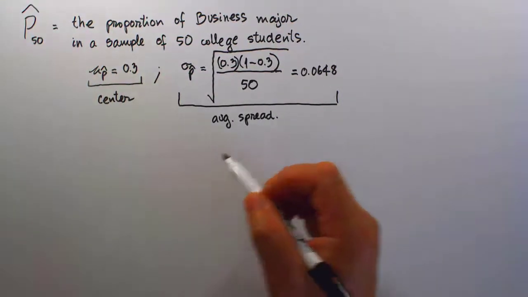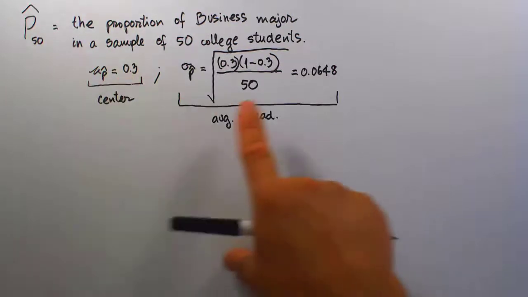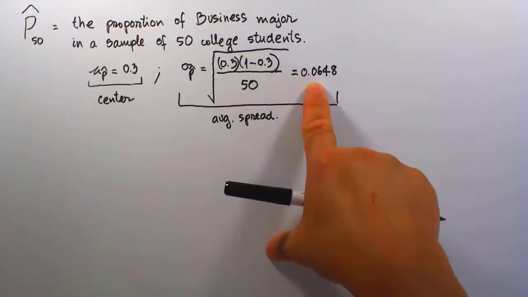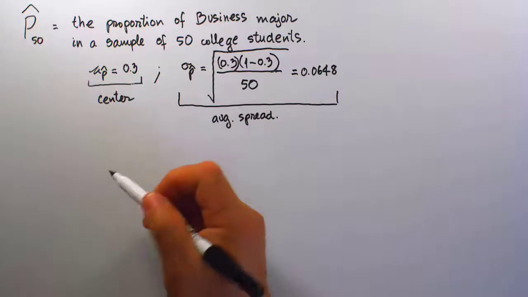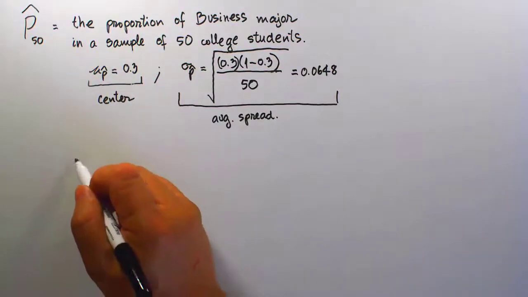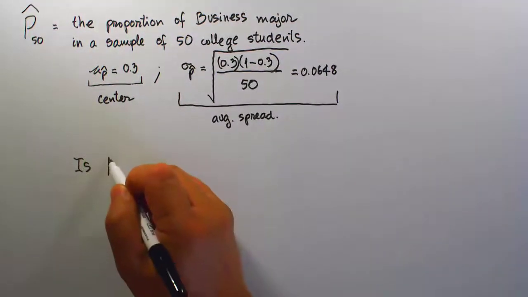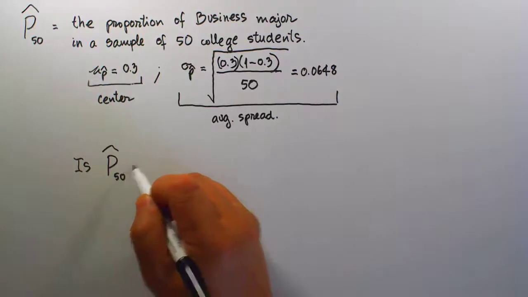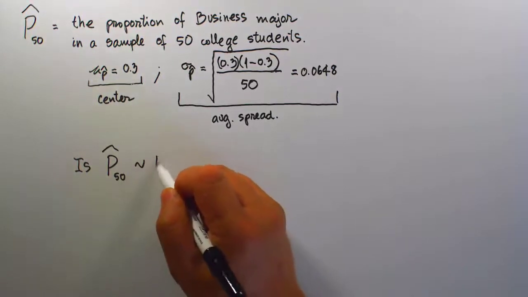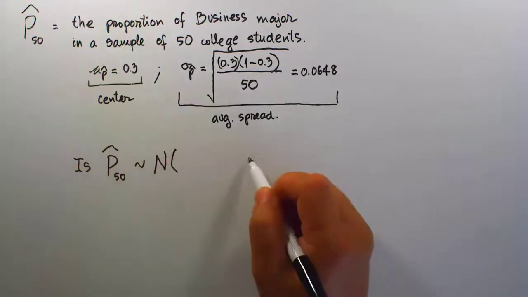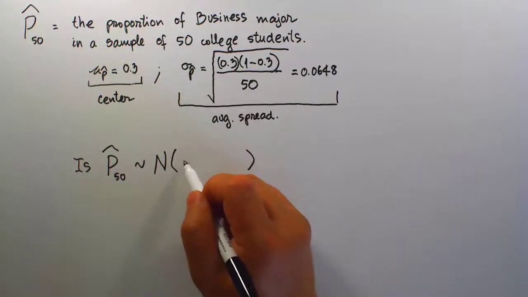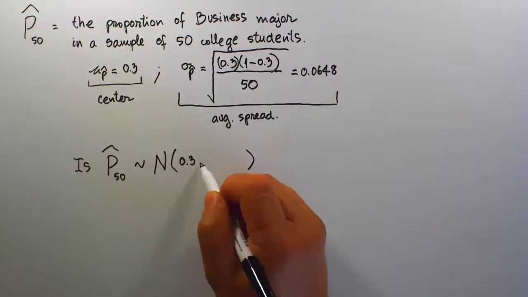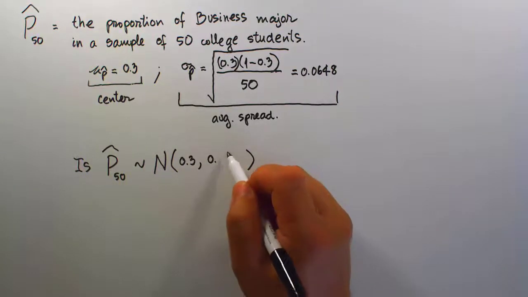And again, once we have found the center as well as the average spreading, we want to find out whether or not our sampling distribution, capital P hat, 50, is normally distributed at the center and average spreading that we calculated previously.